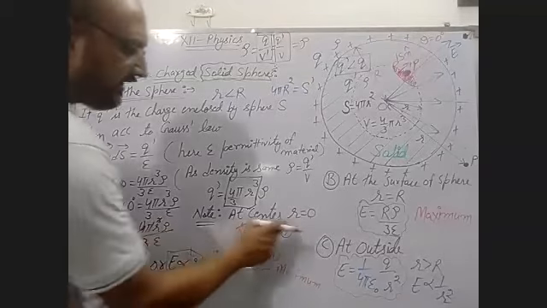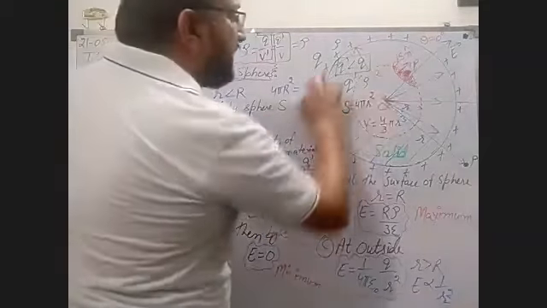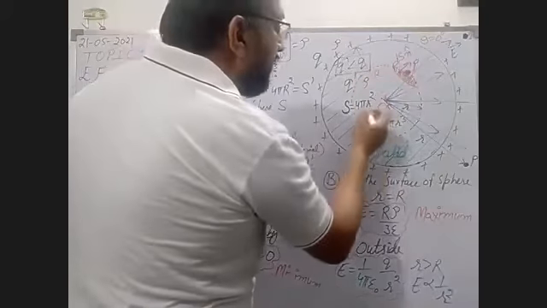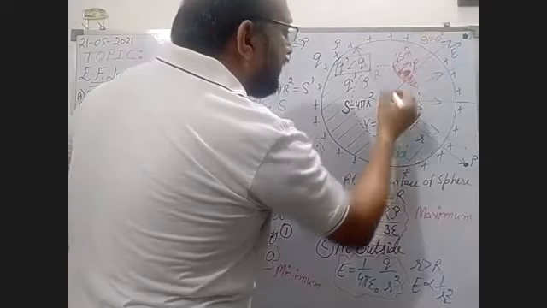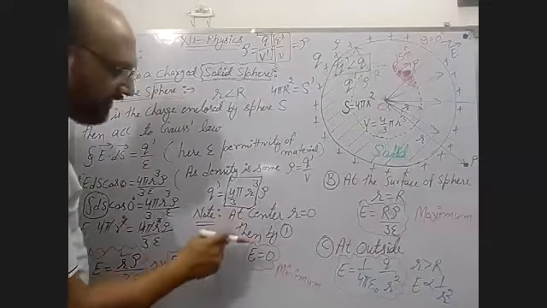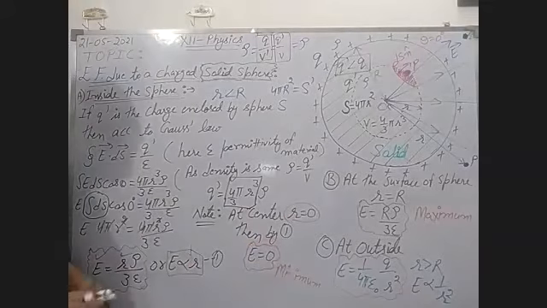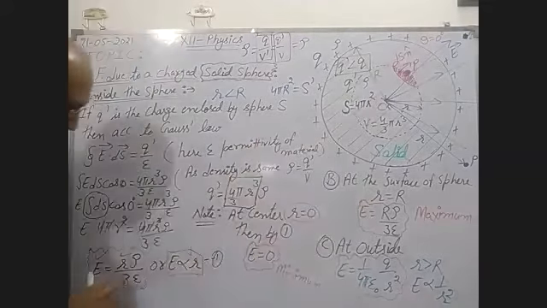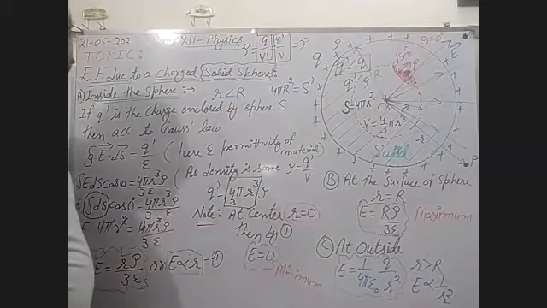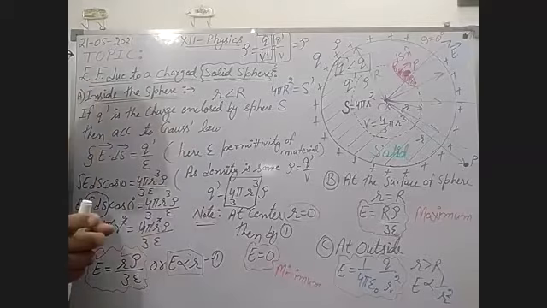Now let us take another topic: at the center, what is the value? This is your consideration of the sphere. If the point is at the center O, then the value of r is 0. The center is inside, and inside, which formula do you use?